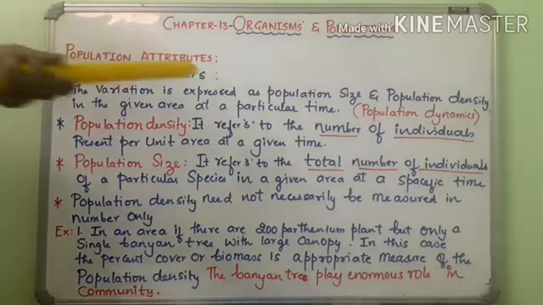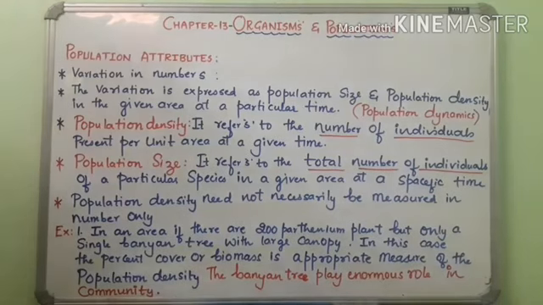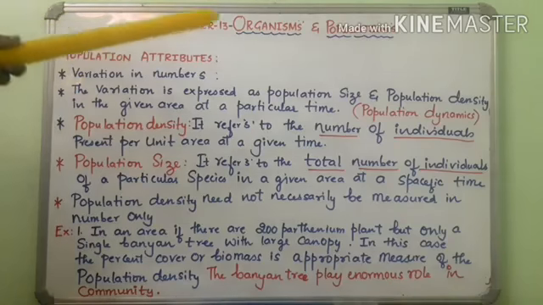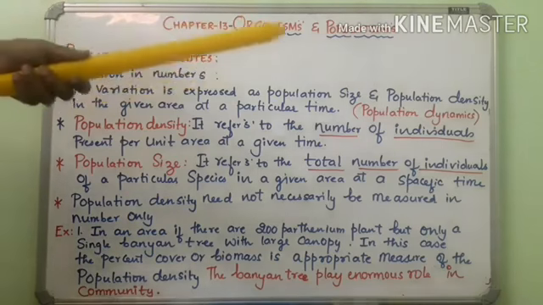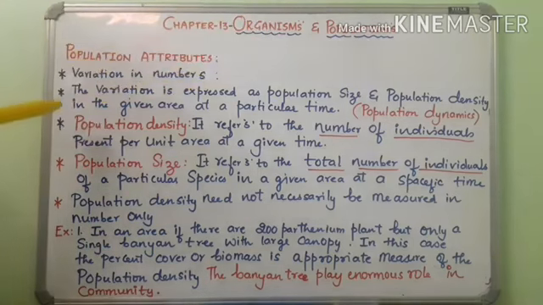This expression of the variation as population size and population density in the given area at a particular time is called population dynamics.